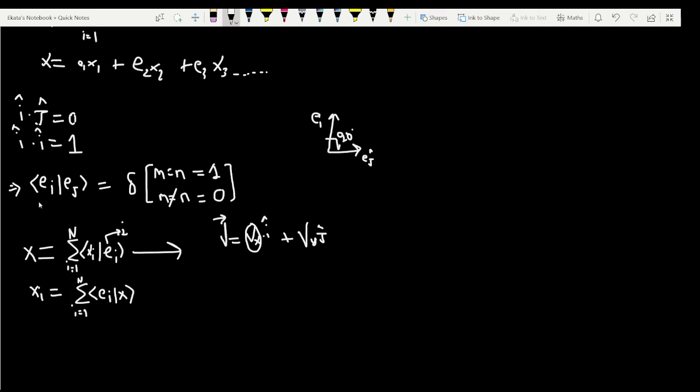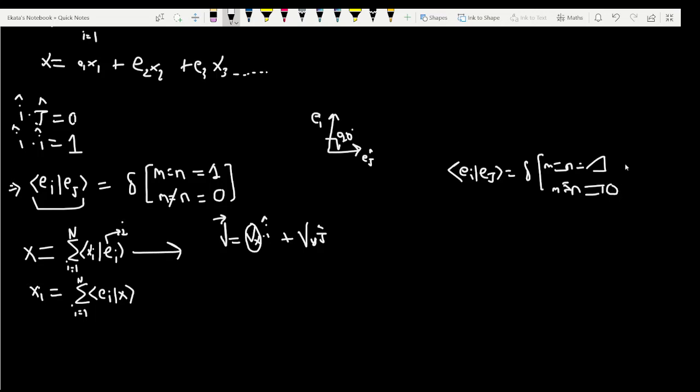Okay, but this has a very advanced name, and what is known as, I have written here, the thing e i into e j, which is generally equal to the canonical delta, where the canonical delta is equal to 1 if m is equal to n, and equal to 0 if m is not equal to n.